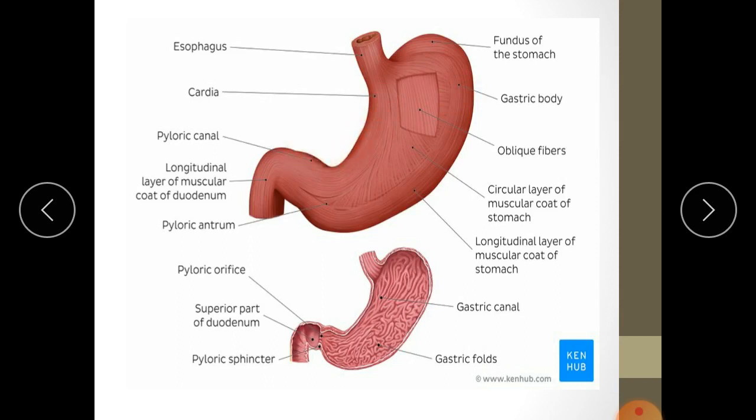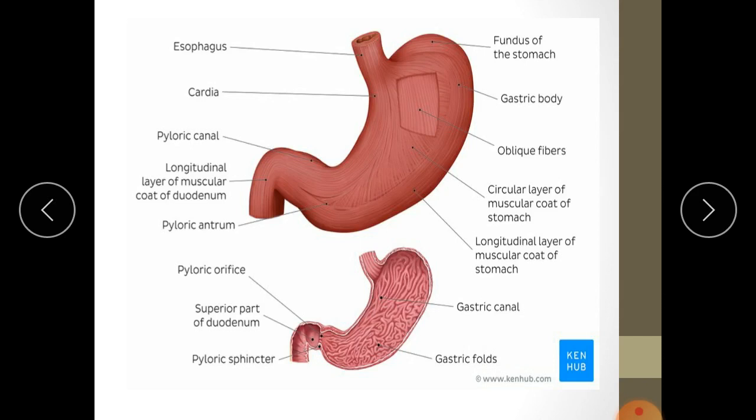somewhat sac-like structure, bag-like structure, which is used for storage of food, then churning of food, and mixing of food with the gastric juice, which is largely composed of HCl, and you know the importance of HCl.